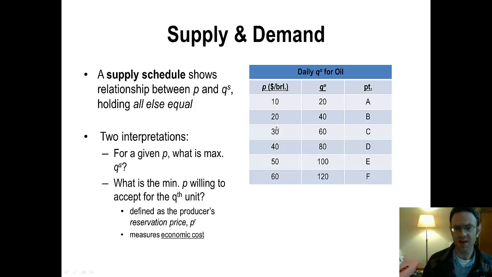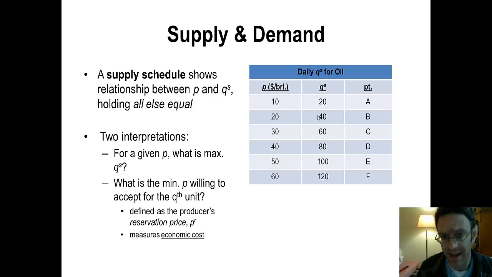And if you think about it, that minimum price that sellers are willing to accept can be interpreted as just really the economic cost of production. Oftentimes we refer to this as the reservation price for sellers. If it costs $20 to make that 40th barrel of oil, well then it makes a lot of sense that sellers would not sell it for less than $20.